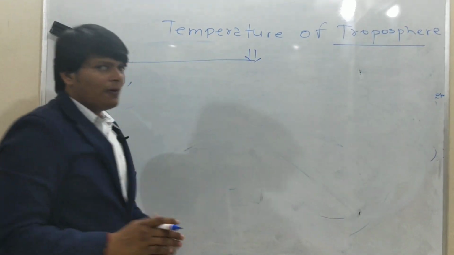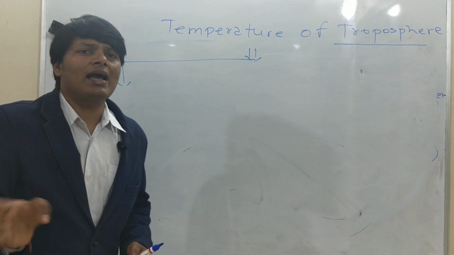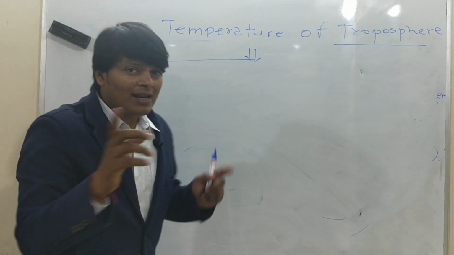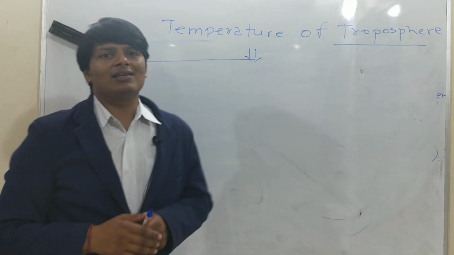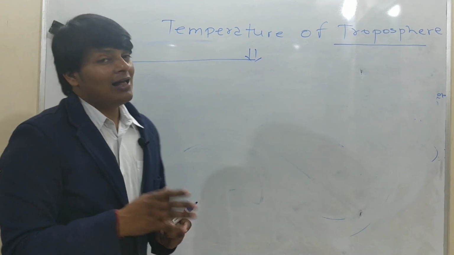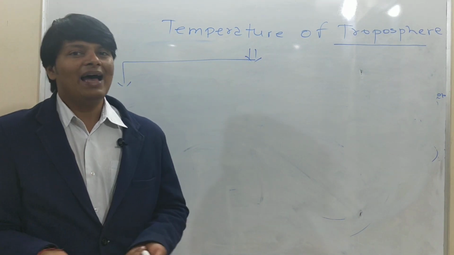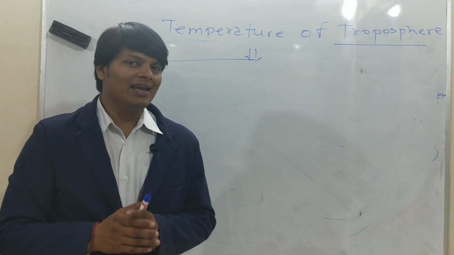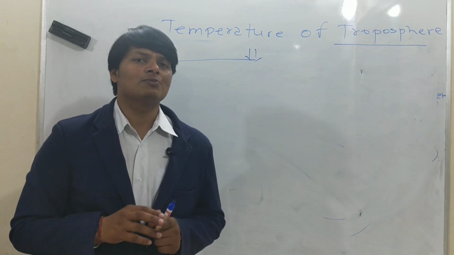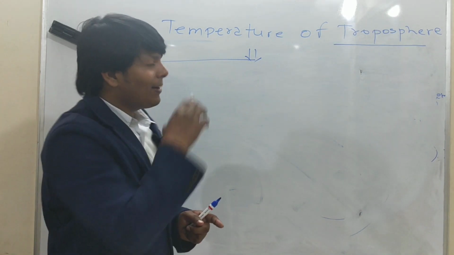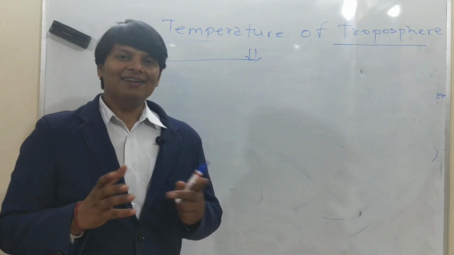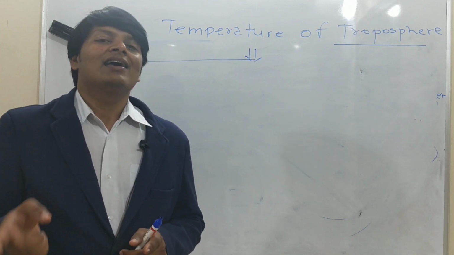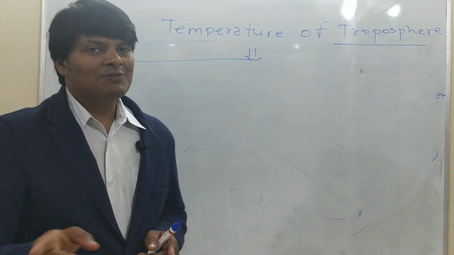If the atmosphere is a homogeneous mixture of gases, and the troposphere is part of the atmosphere, that means the troposphere is also a homogeneous mixture of gases.